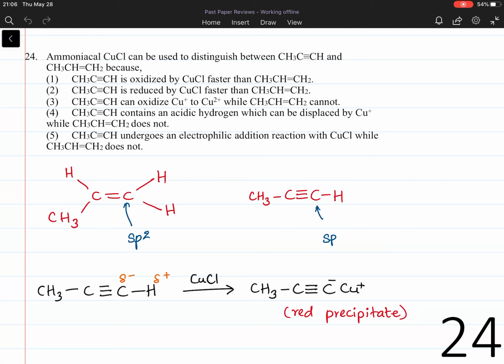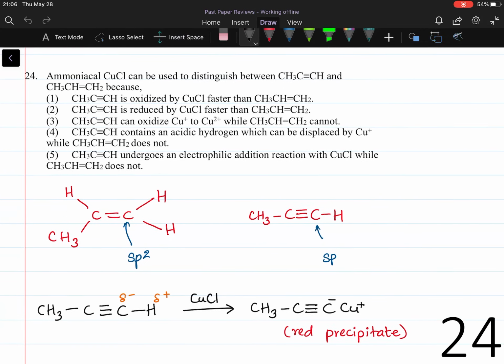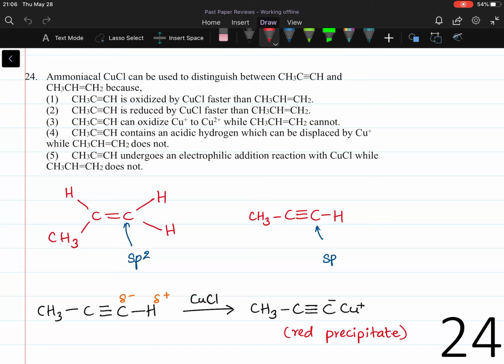Before we move on to the statements, let's look at the 2 molecules that are given to us, the alkene and the alkyne. The carbon atoms forming the alkene bond or the double bond are in the sp2 hybridization state, whereas the carbon atoms forming the triple bond are in the sp state.